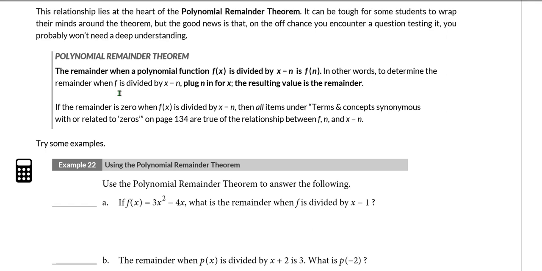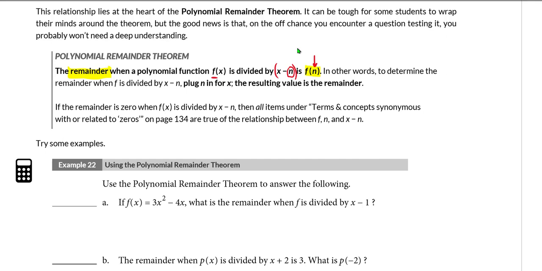The polynomial remainder theorem says that when you have a function, in this case f of x, and that function is divided by some linear factor, the type of factors we've been dealing with over and over again, the remainder will be found by plugging n, this value here, into the function.